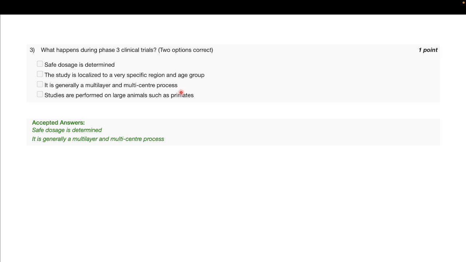When you say primates here, these are non-human primates, basically your monkeys. So the monkey studies don't happen in phase 3 clinical trials. These are usually done before you take your formulation to clinical trials. Is it okay?